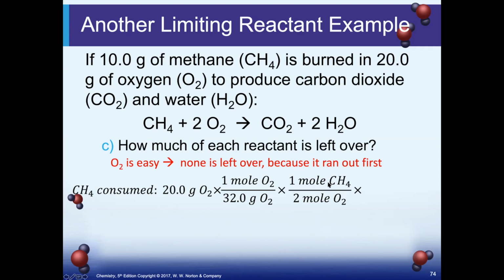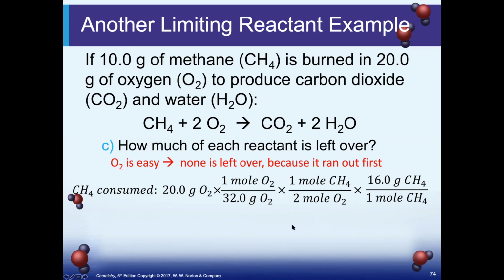I just need to convert that into mass of methane so that I can subtract it from the original 10 grams. So the next step is I'm going to multiply this times the molar mass of methane, which is 16. Moles of methane over moles of methane will cancel, and I will end up with a number of grams of methane.